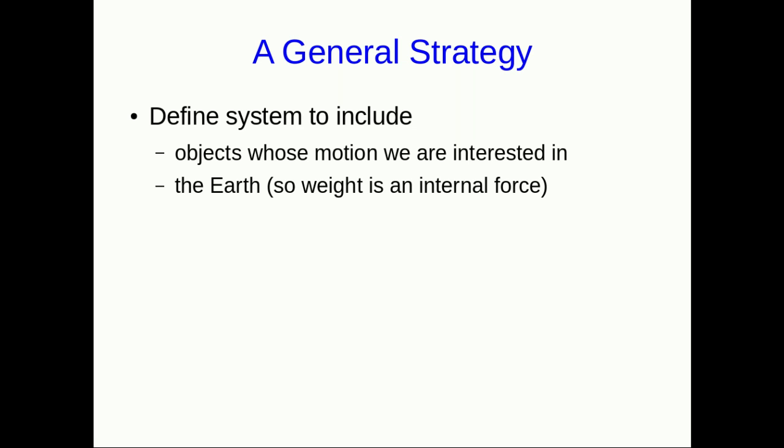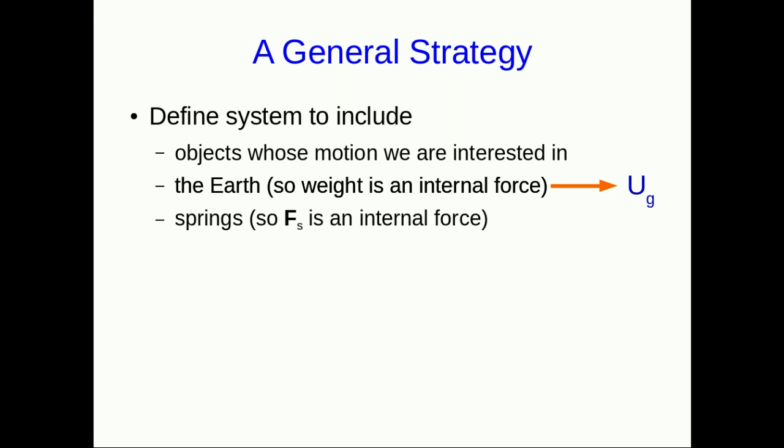We should usually include the Earth, and that's so that weight is an internal force, and that allows us to just track work done by weight through changes in the gravitational potential energy. We should also similarly include springs, and that's so that spring forces are internal forces, and so we're going to track the work done by spring forces using changes in spring potential energy.